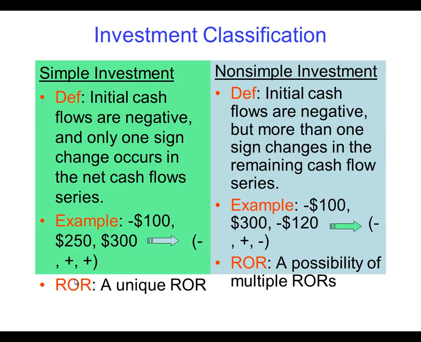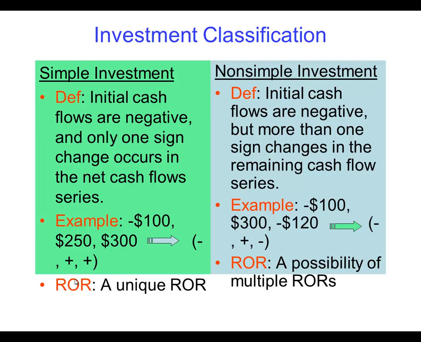For example, we have minus 100 at the beginning, which is the capital cost, and then we start getting positive values, 250, 300, so one negative and then positive, and that's why we have a simple investment, or one rate of return, which is a unique rate of return.